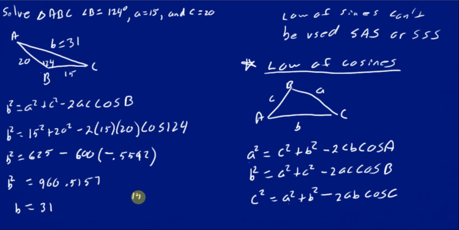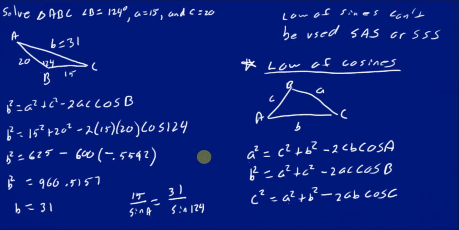So side a is to the sine of A, as now we have side b is to the sine of B, which is going to be 124. And now that equation has one unknown, so I can solve that.